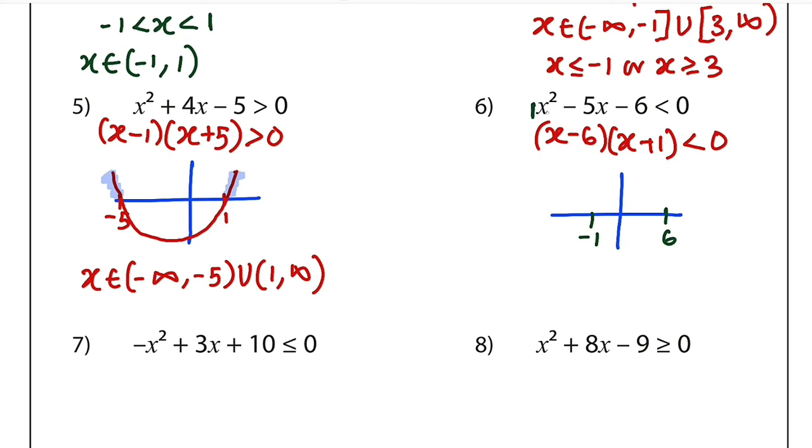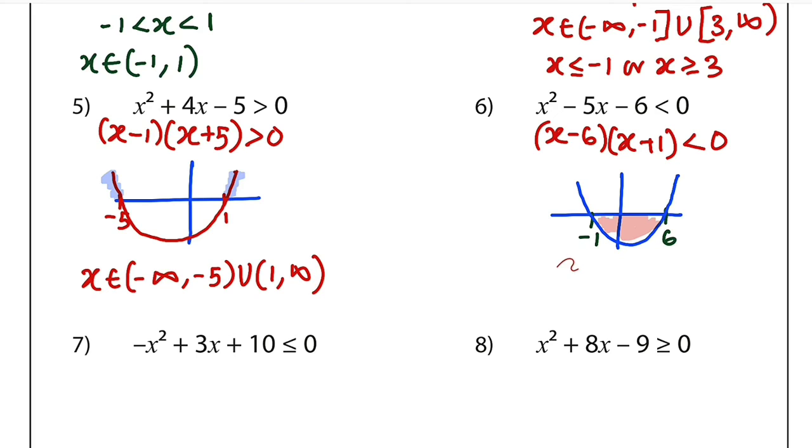So these are the roots. Then because the leading coefficient is +1, right? You should expect it to be an open up. Something like this. And we are talking about less than 0. That is where y is negative. So you should expect it to be below the x-axis. So within -1 down to 6.